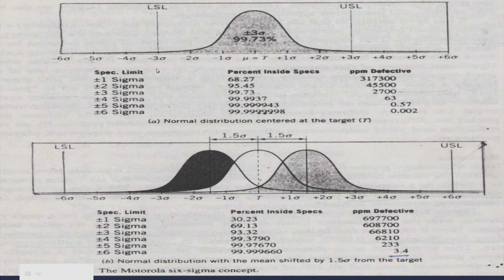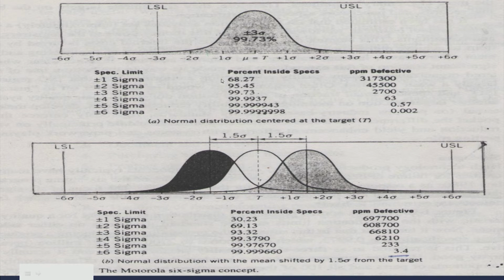If you look at this figure, the lower specification limit and upper specification limit are 3 standard deviations away from the mean, on the plus side and minus side.